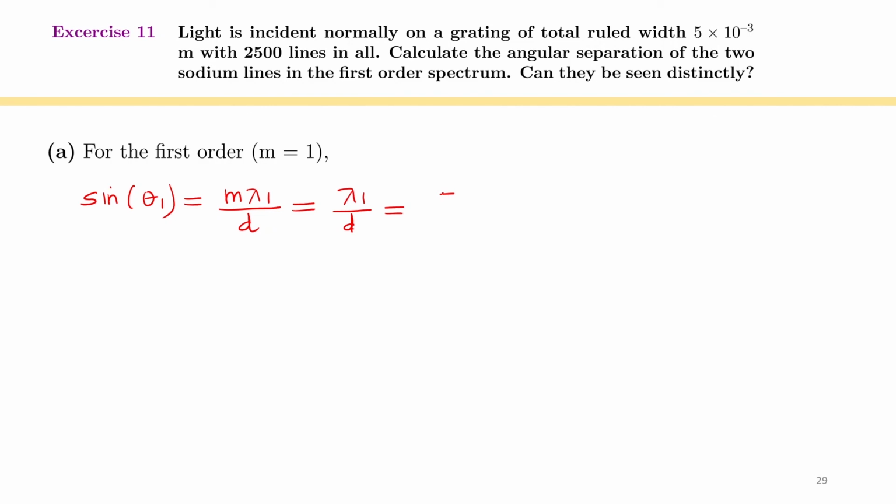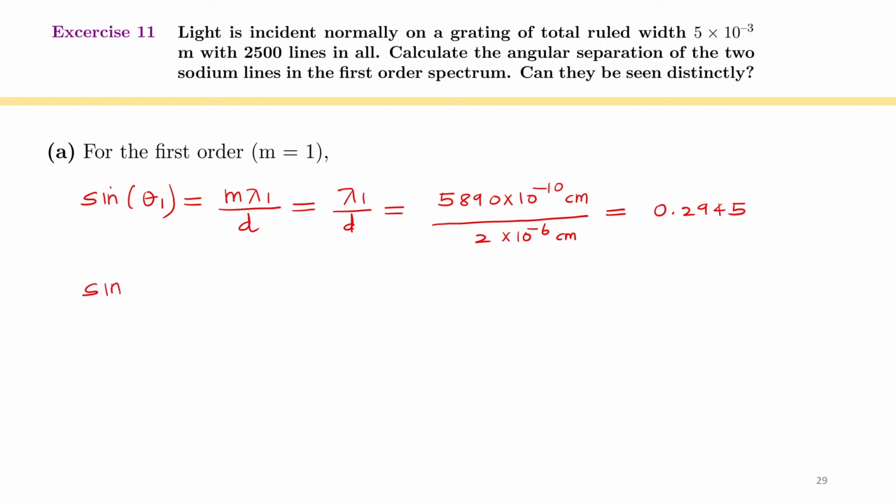This is 5890 times 10 raised to minus 10 over 2 times 10 raised to minus 6, and this is equal to 0.2945.